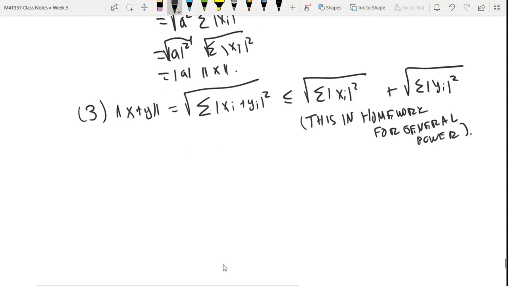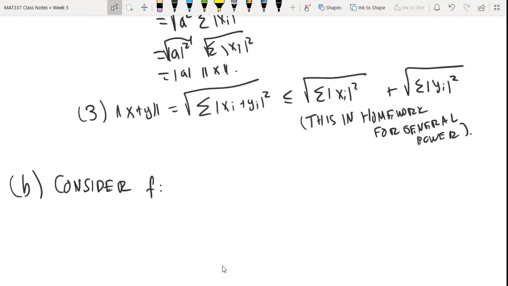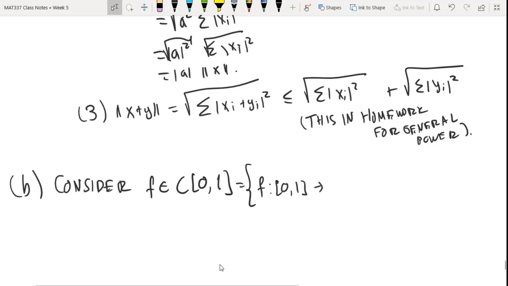Another very nice norm is, of course, the integral norm. Consider f. So when we write this, we mean f is from 0, 1 to R, and f is continuous.